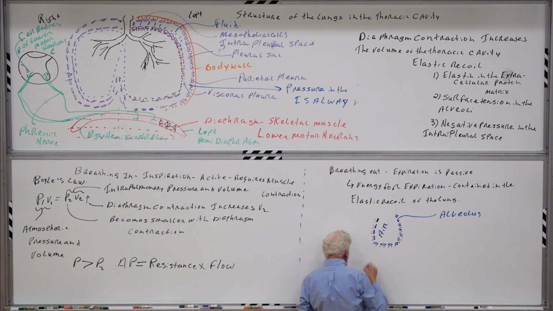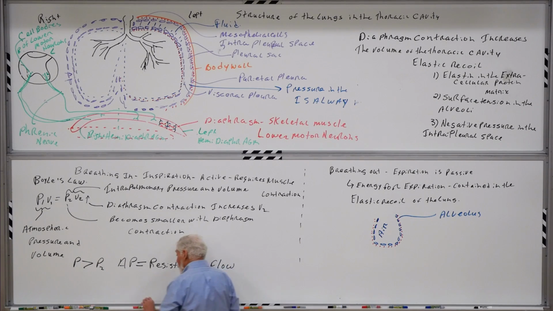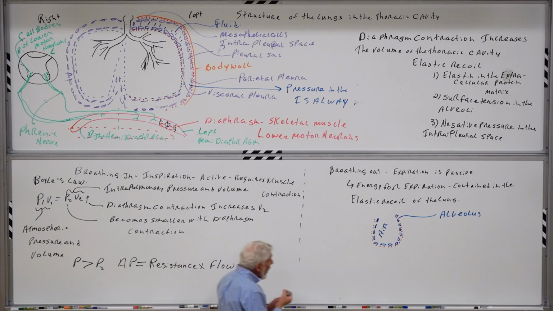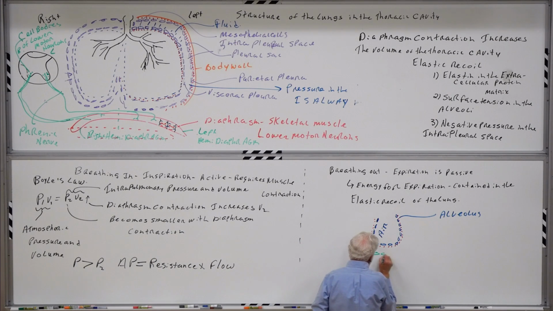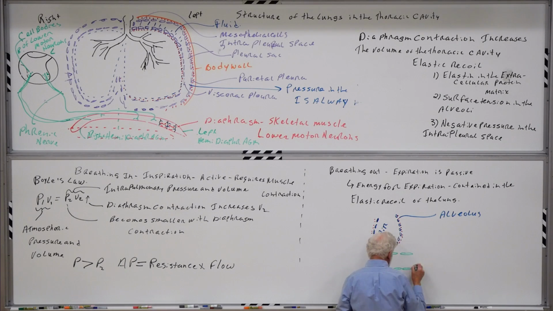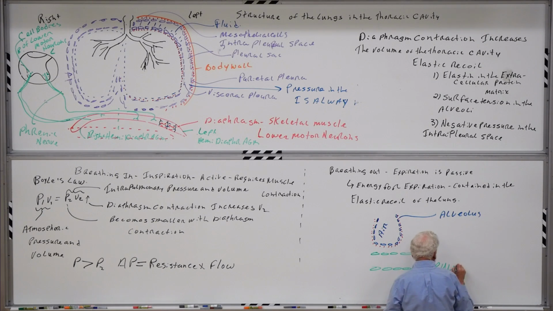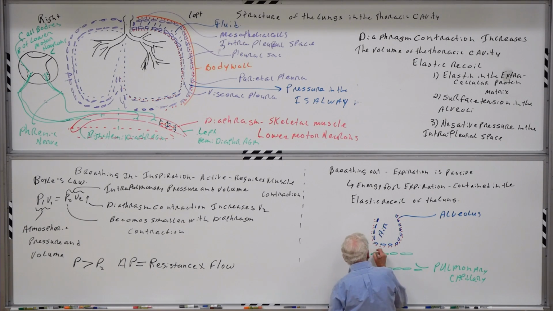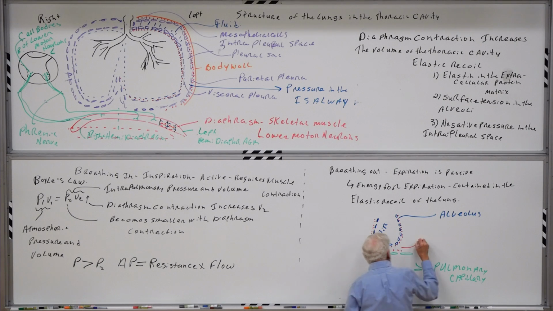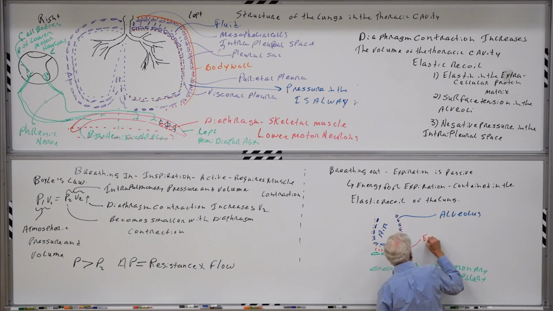And then between the basal lamina of those epithelial cells, there was another basal lamina associated with the pulmonary capillaries. So this is the pulmonary capillary. So we have this basal lamina in here, and this is all extracellular matrix.